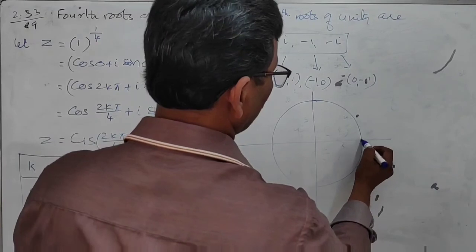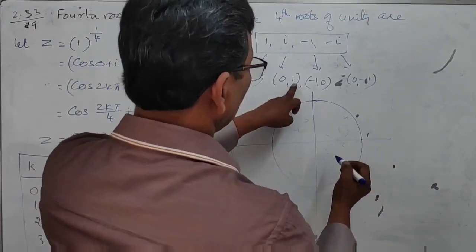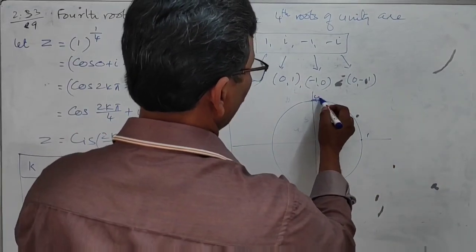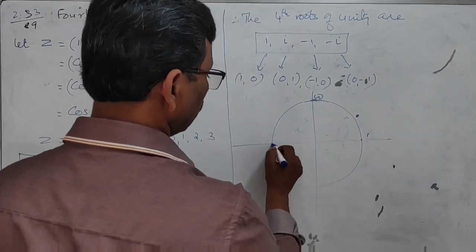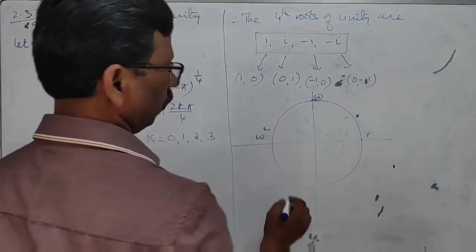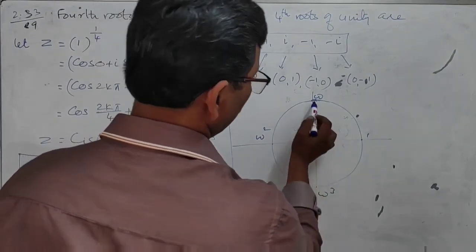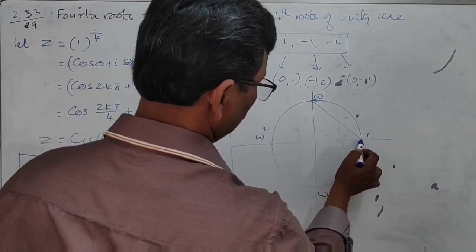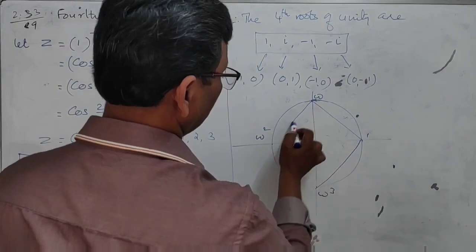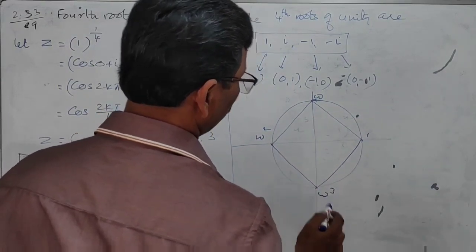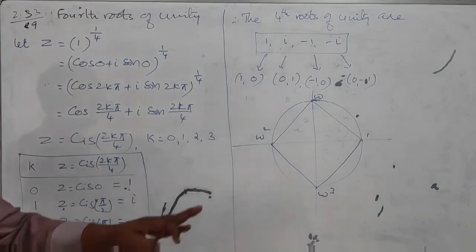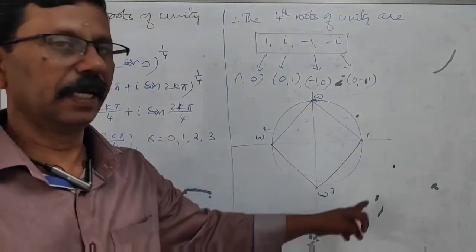Unit circle means radius is 1. 1 comma 0 is here, then 0 comma 1 is here, this is omega value. Minus 1 comma 0 is omega square value. 0 comma minus 1 is here, this is omega cube. Now if you join these 4 vertices, you get a square. Therefore these 4 vertices form a square.